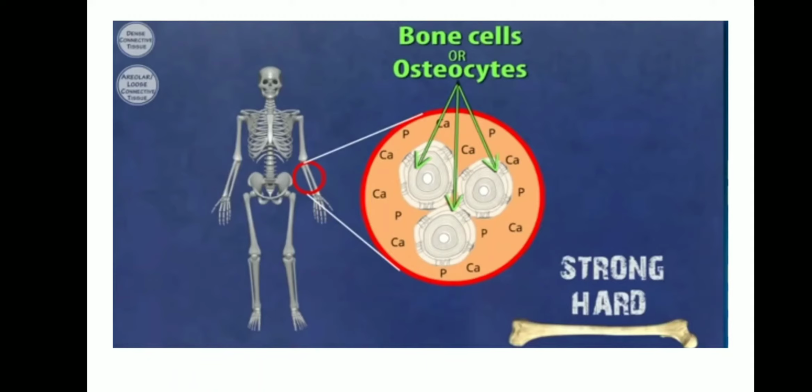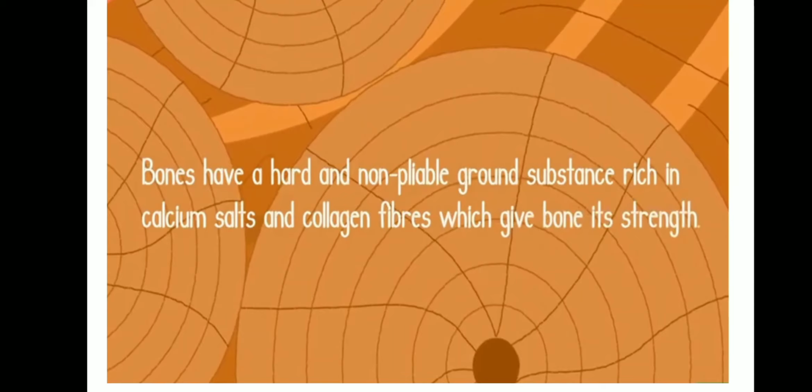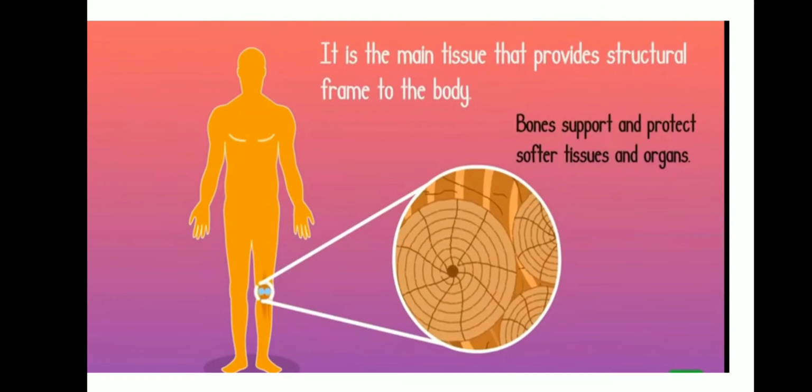It is non-flexible. So they are made up of skeletal connective tissue. And the matrix which is present in this bone are highly rich in calcium salt and collagen fiber. That's why the bone has got high strength. Why? It is made up of calcium and collagen fibers. Calcium and collagen fibers only give strength to the bone.